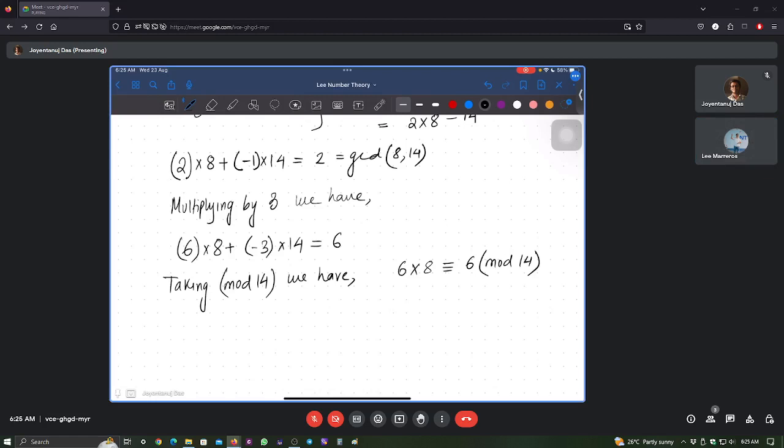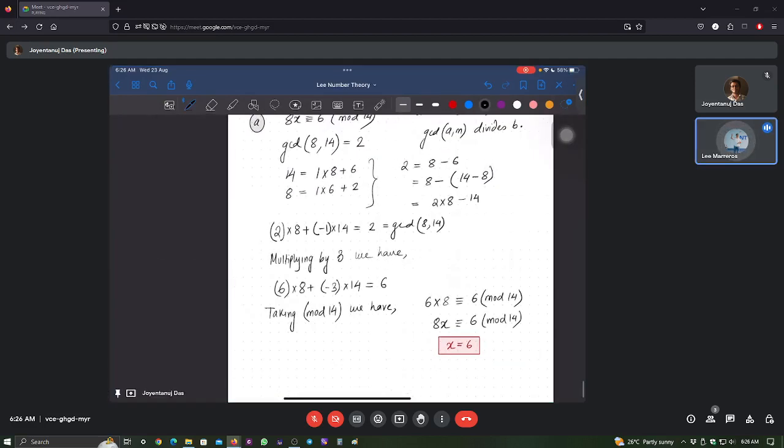Our original equation was 8x is congruent to 6 mod 14, so one solution is x equals 6. Now how to find the other solutions?